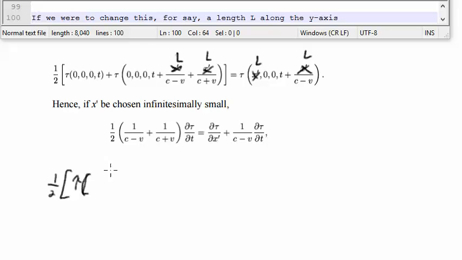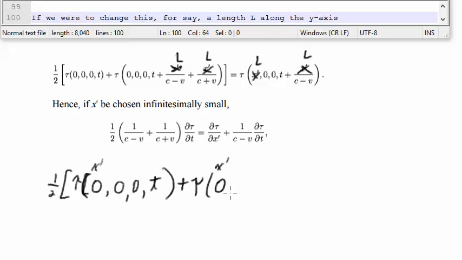If we change this for a length L along the y-axis, we're going to have tau of x prime equals 0, y equals 0. This is where it starts, so this is still going to be 0, 0, 0, t, plus tau of the same position in the x prime system. It will have moved in the stationary system, and then it will have come back to where it started.